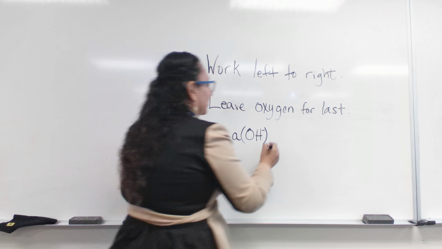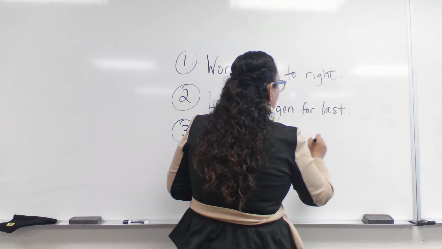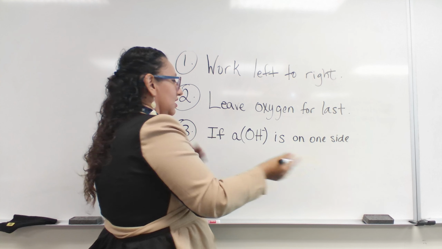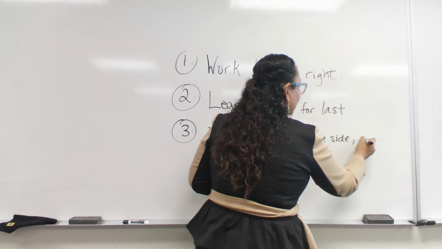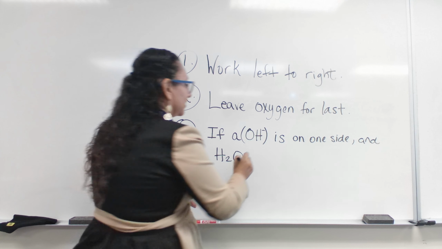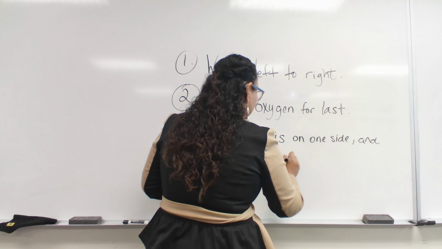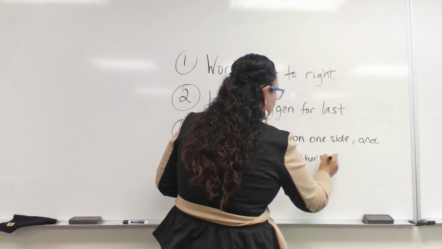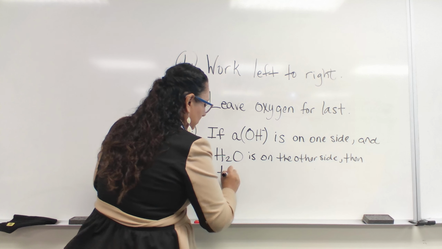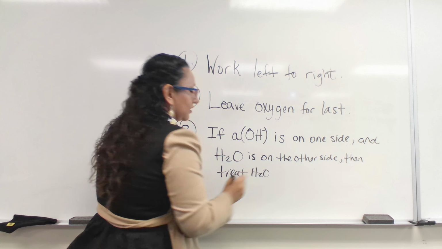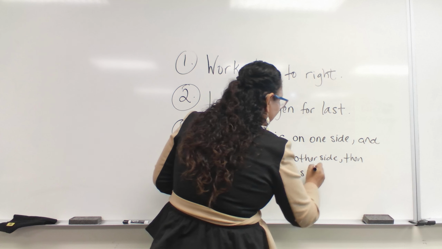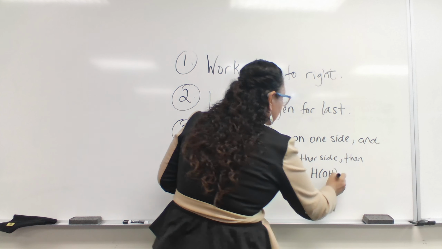If a hydroxide is on one side, that means reactant or product, if a hydroxide is on one side and water is on the other side, then treat water not as H2O when you're balancing it, but as hydrogen hydroxide.